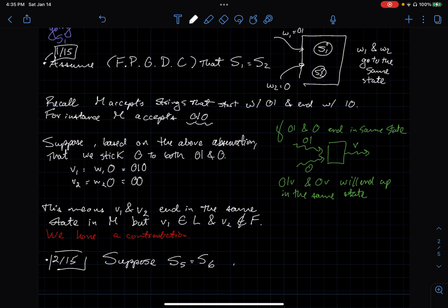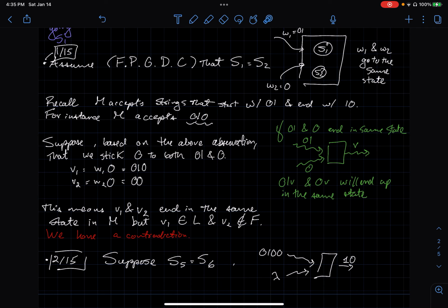So then I have that 0, 1, 0, 0 goes to the same state as lambda, right? But now if I append a 1, then this string will start with 0, 1 and will end with 0, 1. That's not what I need yet. Actually, I need to append 1, 0, right?